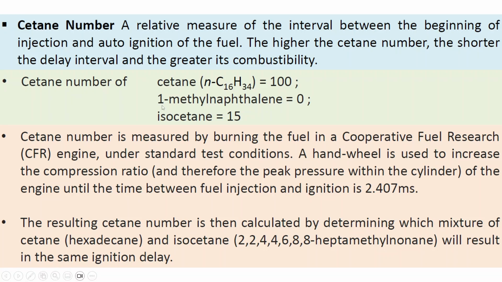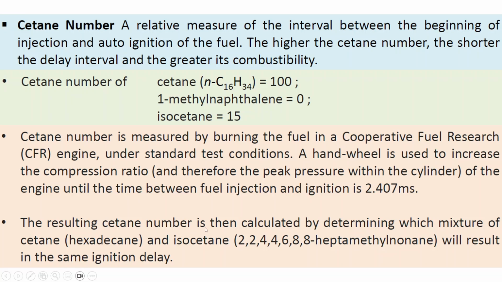Cetane number is calculated using a mixture of cetane, which gives a value of a hundred, and one methyl naphthalene, which is zero. It is measured by burning the fuel in a cooperative fuel research engine under standard test conditions. A hand wheel is used to increase the compression ratio of the engine until the time between fuel injection and ignition is 2.407 milliseconds.